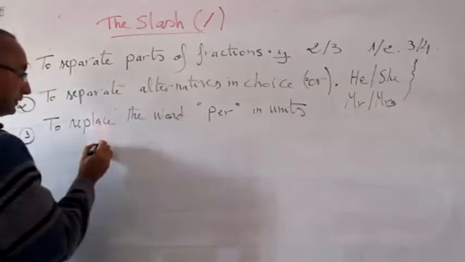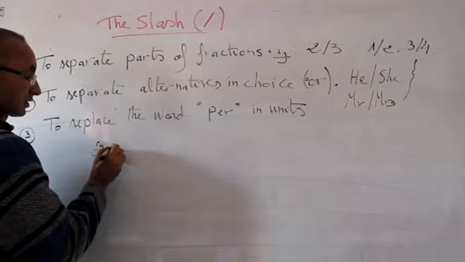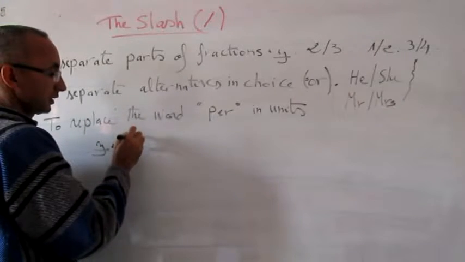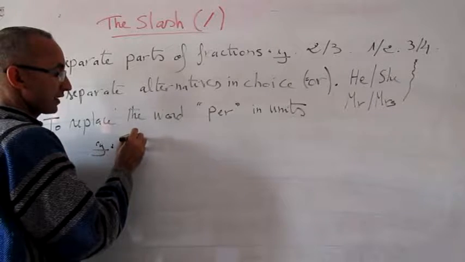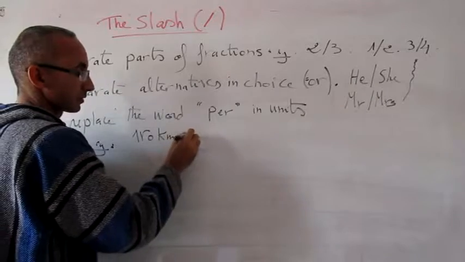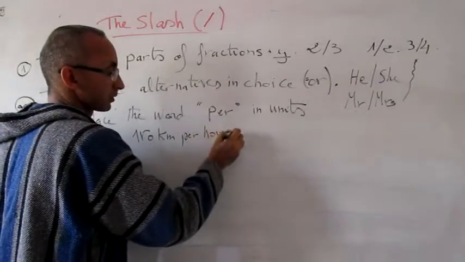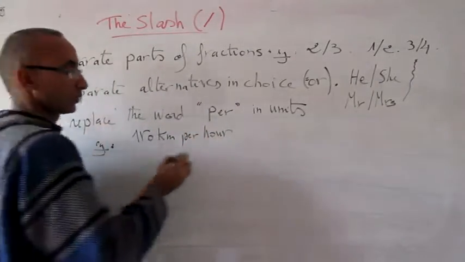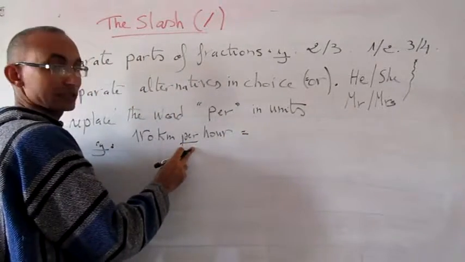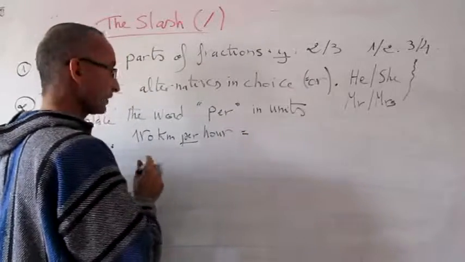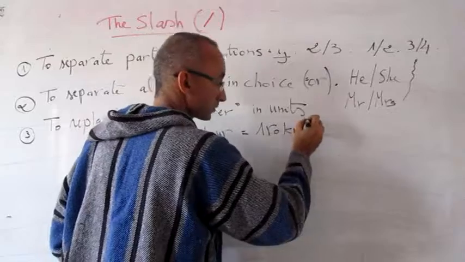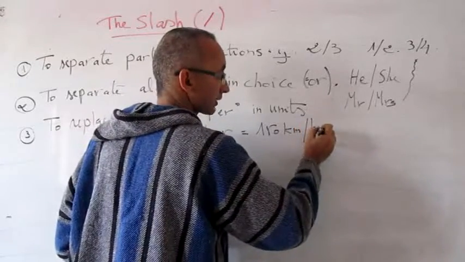For example, right here, this car runs 150 kilometers per hour. So we can replace per here with a slash, and we write it runs 150 kilometers slash hour.